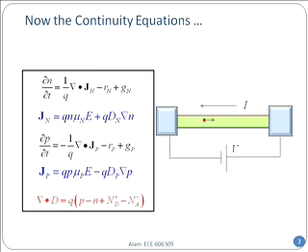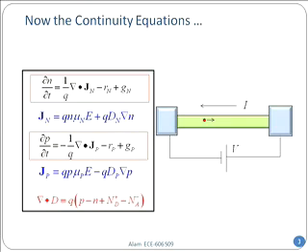Before I move on, let me point out something important. The 5th equation is called the Poisson equation. The Poisson equation relates the charge to the electric field, where the displacement D is related to the electric field with the dielectric constant multiplied by the electric field. Now, when devices become very small, like molecular devices, not the big transistors that we talk about, the Poisson equation might get modified.